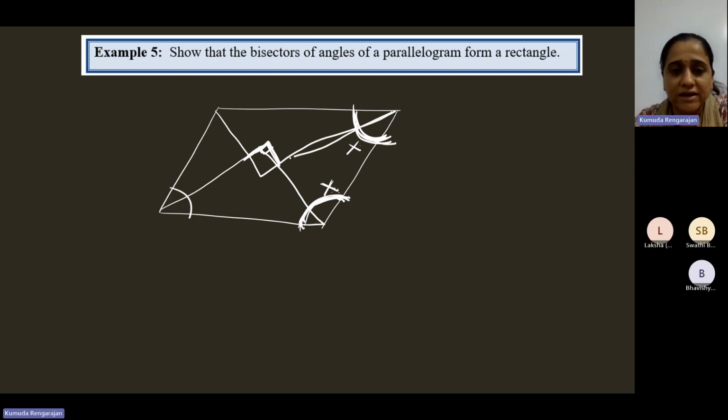So in this triangle, the sum of these two angles is 90, so the third angle, this one, has to be 90, no? So vertically opposite angles, this one will be 90.